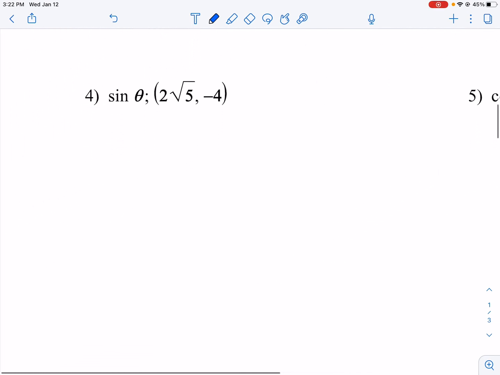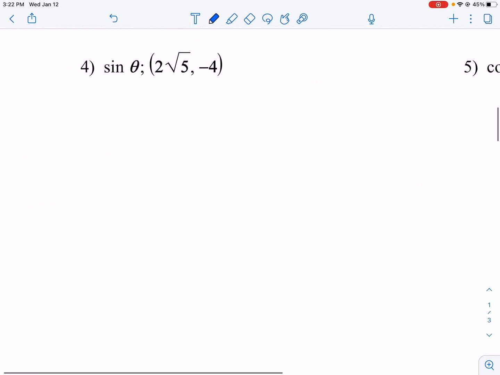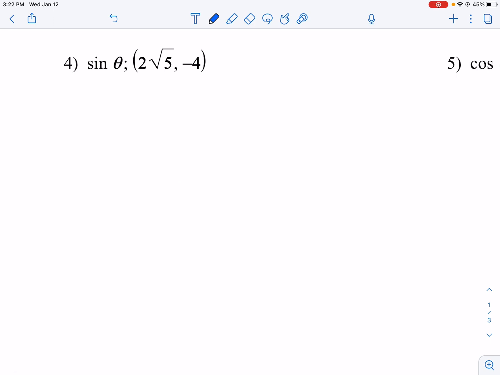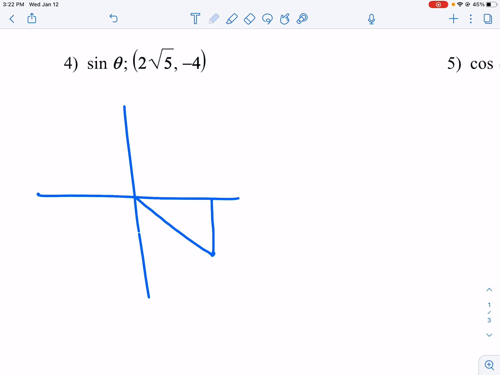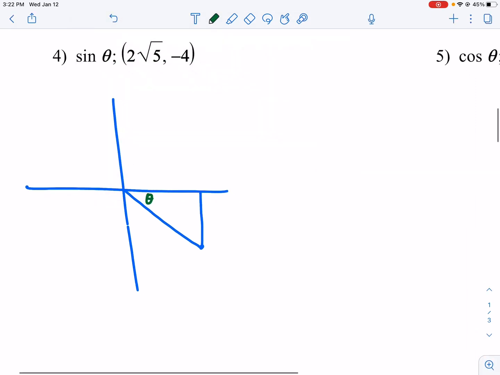As we move down here, we're doing something in quadrant 4 now. So I plot my point and create that triangle again with the x-axis. I'm going to travel up to the x-axis, always the x, and I create my angle here. Labeling my sides, I would go across 2 radical 5, and I would go down 4.